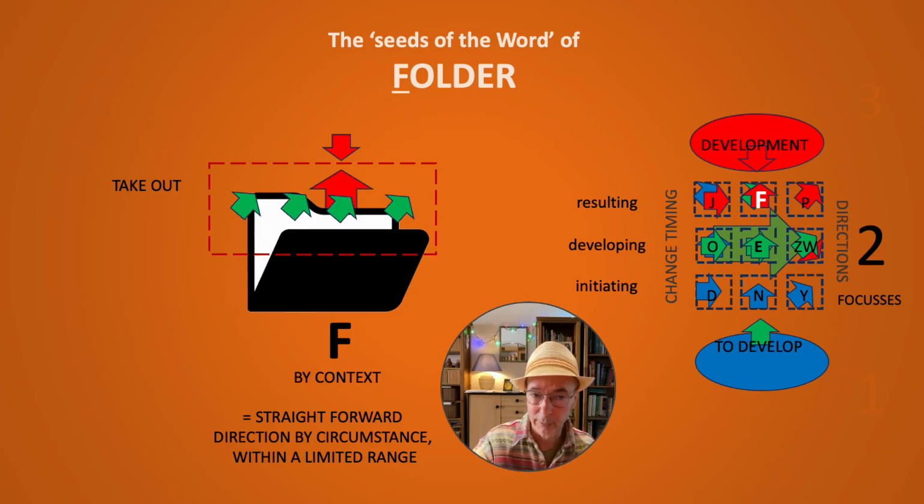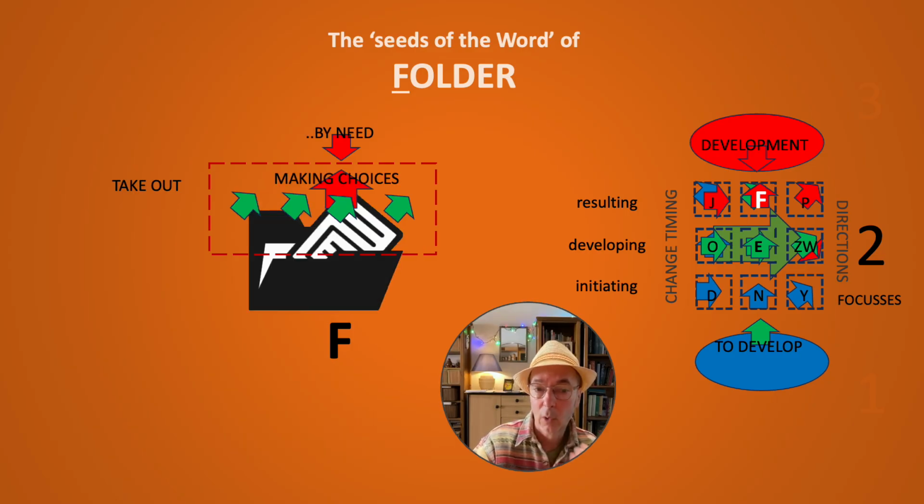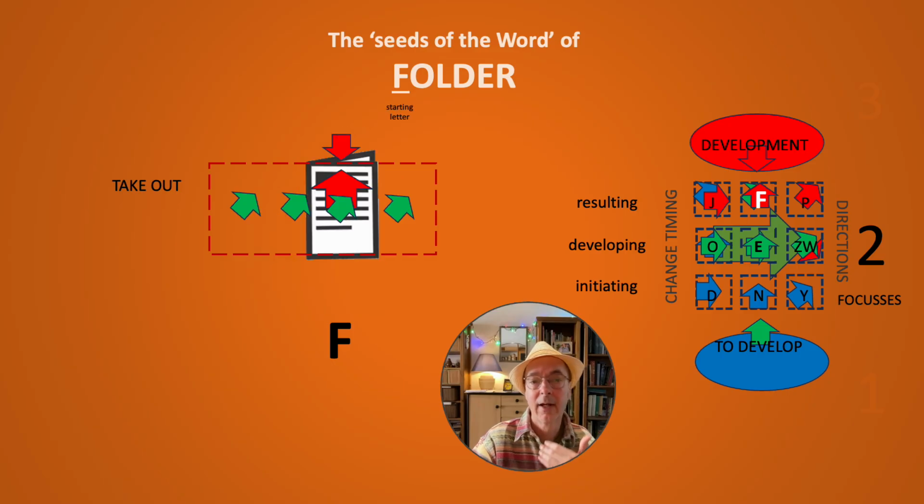In a folder, the moment when we open the folder and take something out will be directed by that, or also the file itself that will be taken out will be a choice by need in the right moment and right place. We will take out the right thing at the right place, or the folder itself.